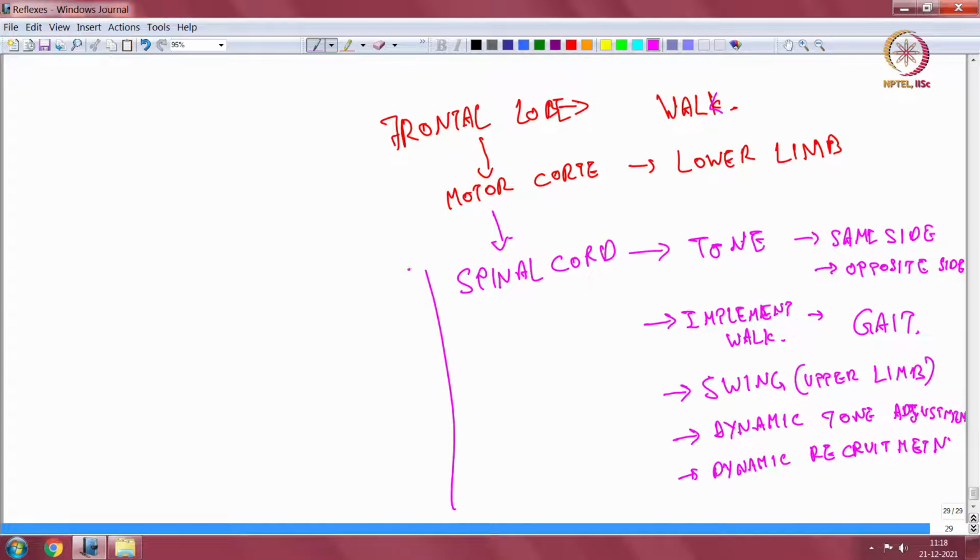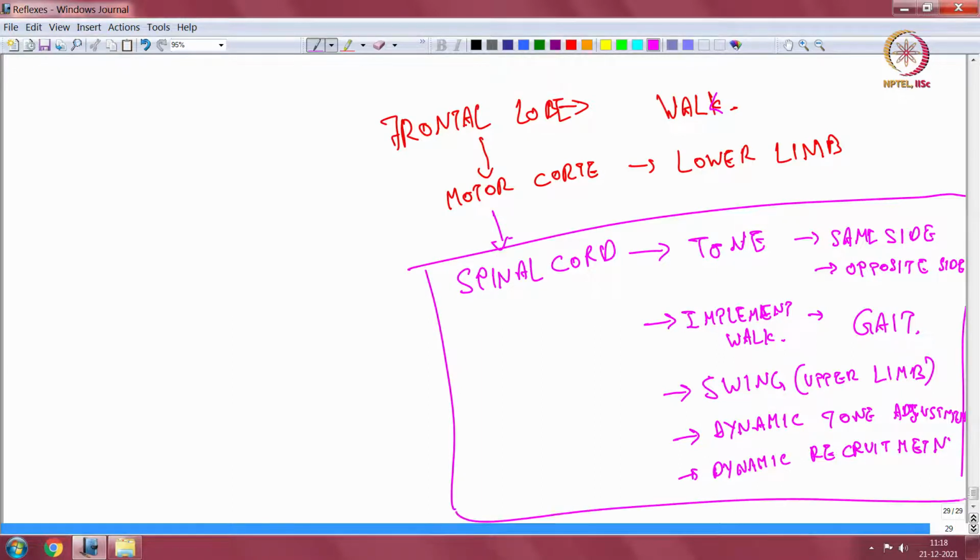So, all of this is the function of the spinal cord, and it is fairly independent of higher function. All of these have been demonstrated in cat models. Cat as in the physical cat, not any other kind. So, cat models with cat preparations, they are called preparations.